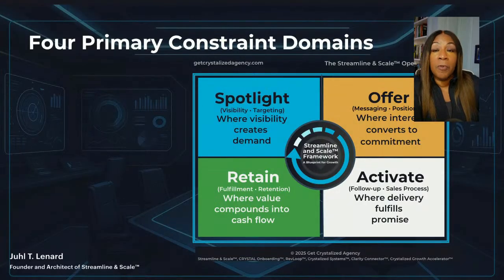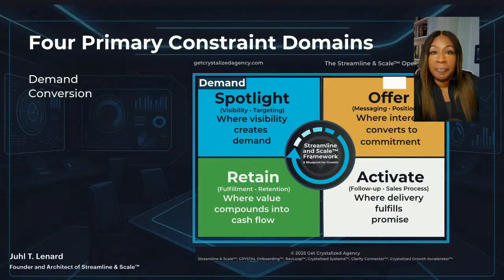The 4 primary domains correlate to the quadrants of the revenue system. Think of the domains like the physics of business, and the quadrants are where the work is managed. The work around the demand domain is managed within Spotlight.